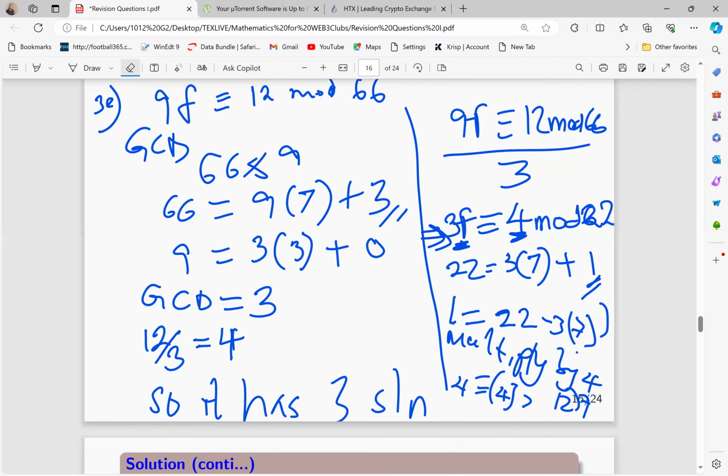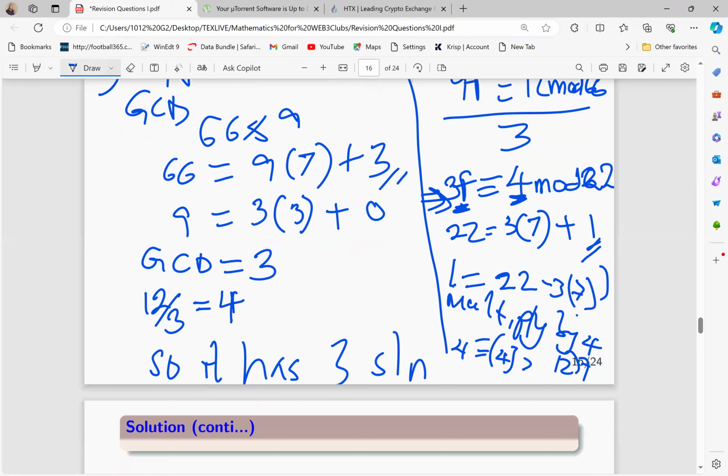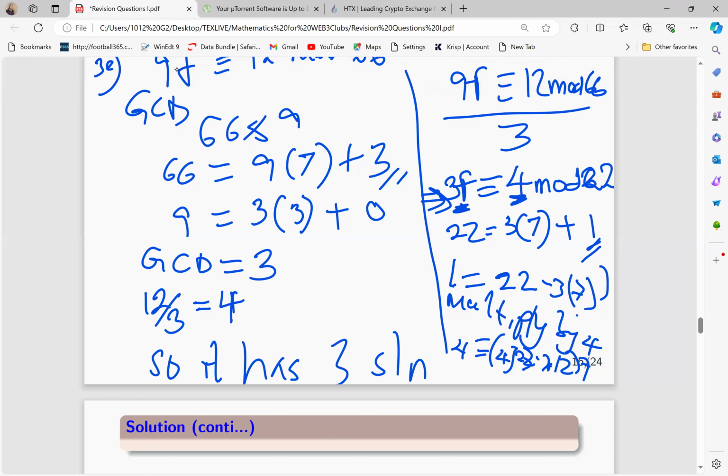This was 4 multiplied by 22, and -7 multiplied by 12. Is that okay? Look at this equation. Where is our 3? Okay, I made a mistake.